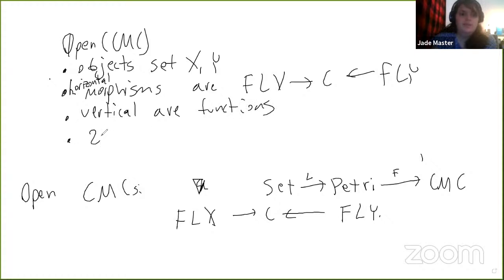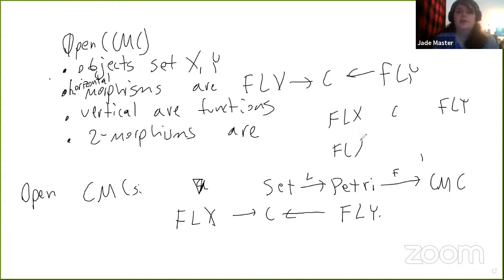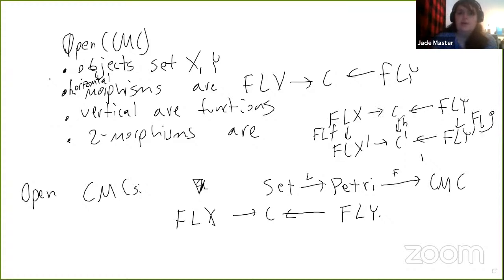And two morphisms are the similar sort of diagram that I drew before. Which commutes. So these are FL of some function F, FL of some function G. This is some commutative monoidal functor, which is a functor between the categories, which preserves the monoidal product. And these squares commute.